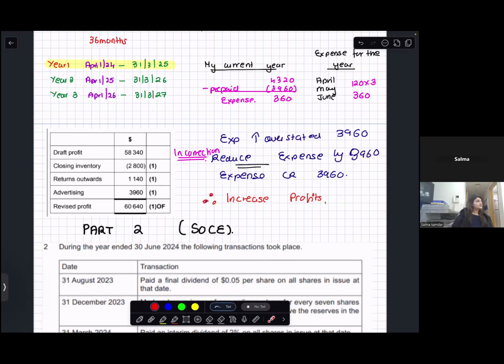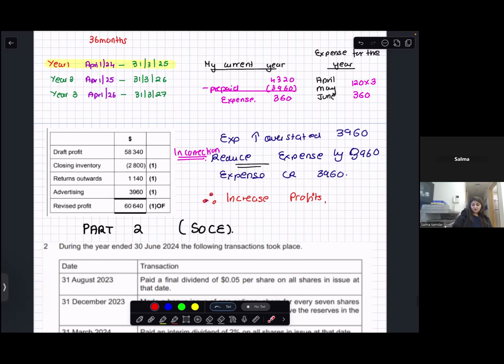The rule says what? Income credit, expense credit, increase your profit. So I would increase my profits by that amount. Okay, so I start from the draft profit and I arrive at the revised profit.